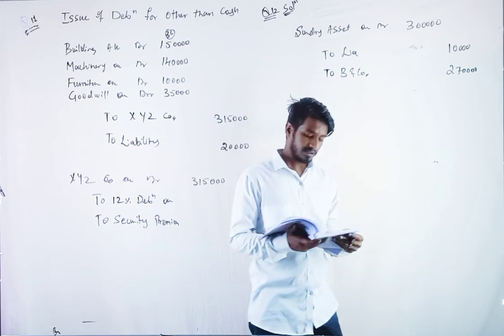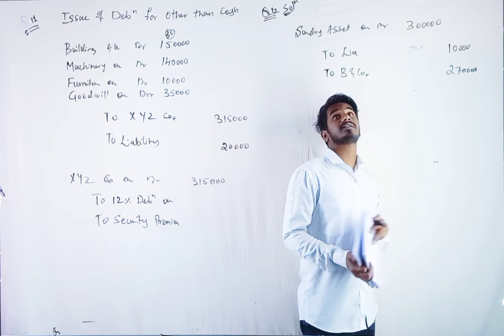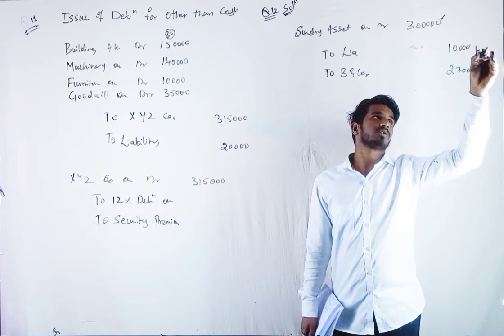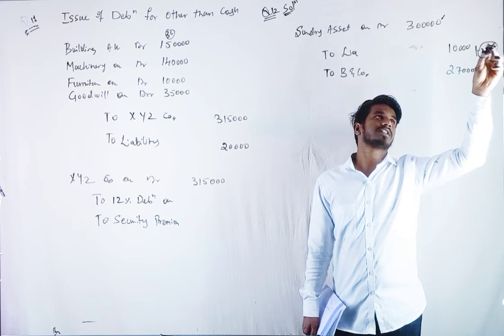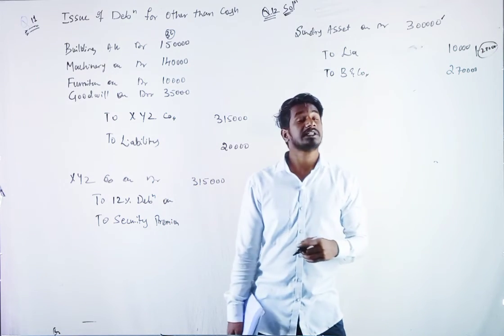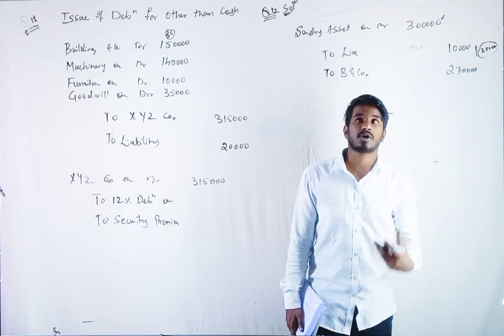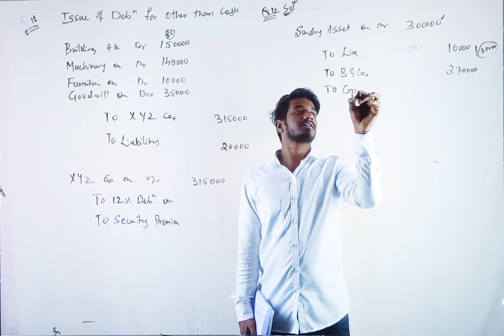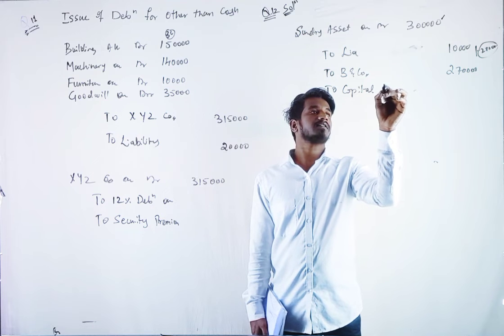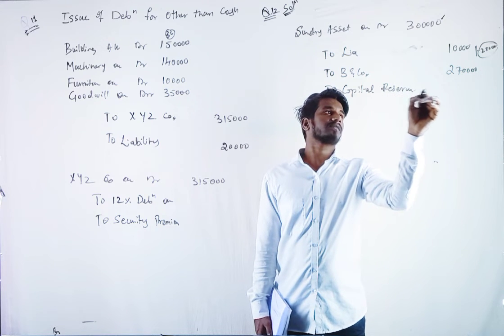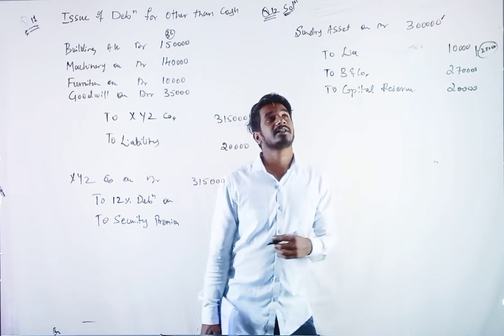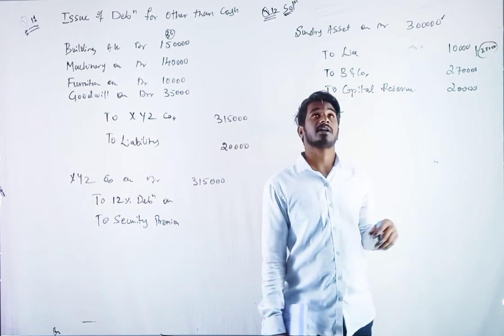If you observe, we have purchased an asset for 3 lakh and we are paying just 2 lakh 80,000. The remaining 20,000 is our profit. We will transfer it to capital reserve, 20,000.